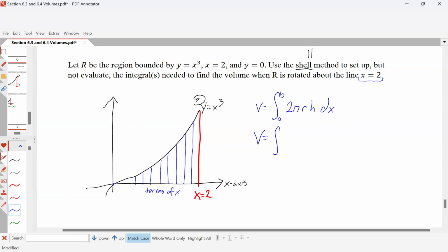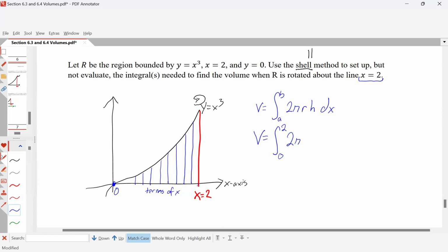Our region is from 0 to 2 on our x-axis, so the integral is from 0 to 2, 2 pi. And when I plug in 0, I want the radius to say I am 2 units away from my axis. And when I plug in 2, I want to say I am right at my axis of rotation.